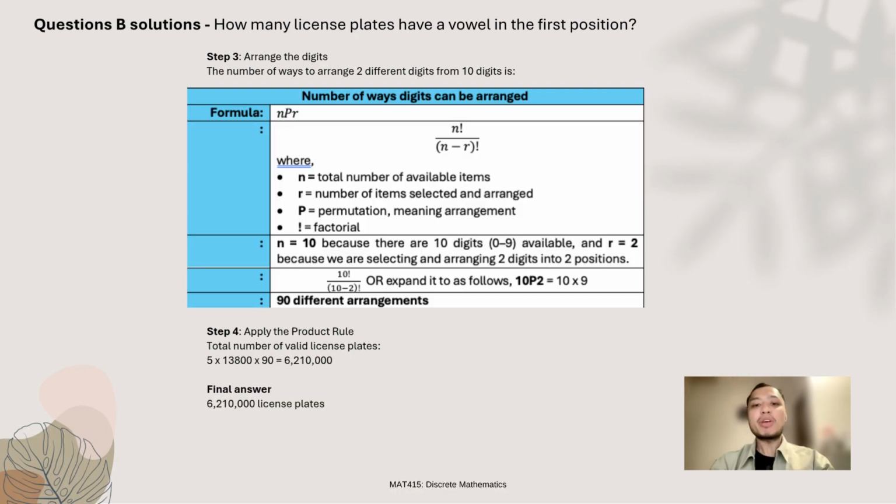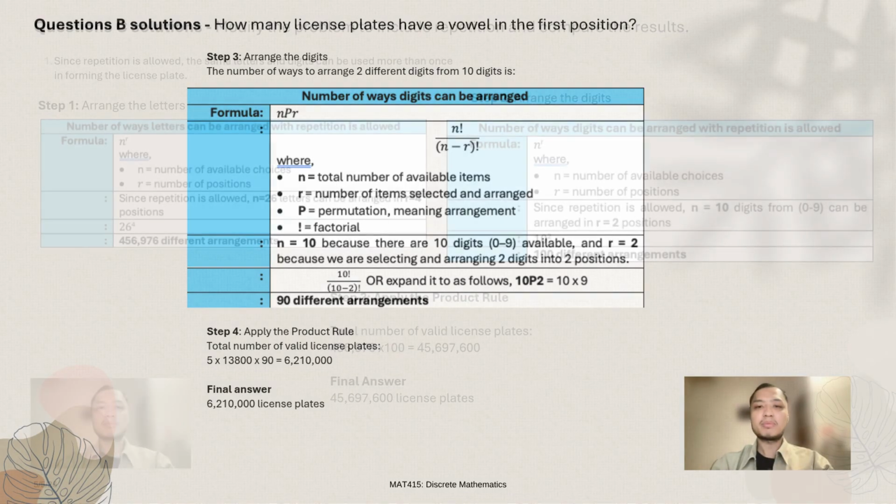Therefore, the number of valid license plates with a vowel in the first position is 6,210,000. This result is smaller than the answer in A because the first letter is restricted to only 5 vowels instead of all 26 letters. We move on to question C on the next following slide.